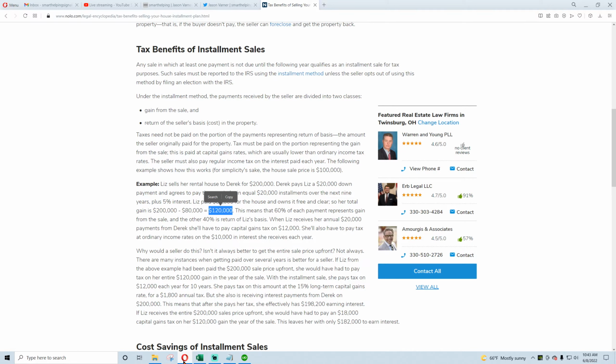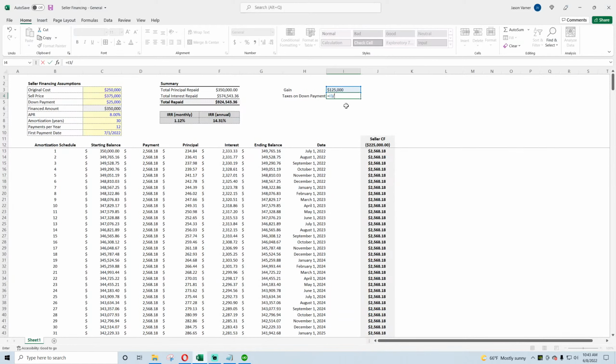no, so her total gain is, yeah, divided by the total sales proceeds. So she sells for 200,000. It cost her 80, makes 120. So 60% is 120 over 200, and then 40% would be taxed. So this is divided by the total sale price.